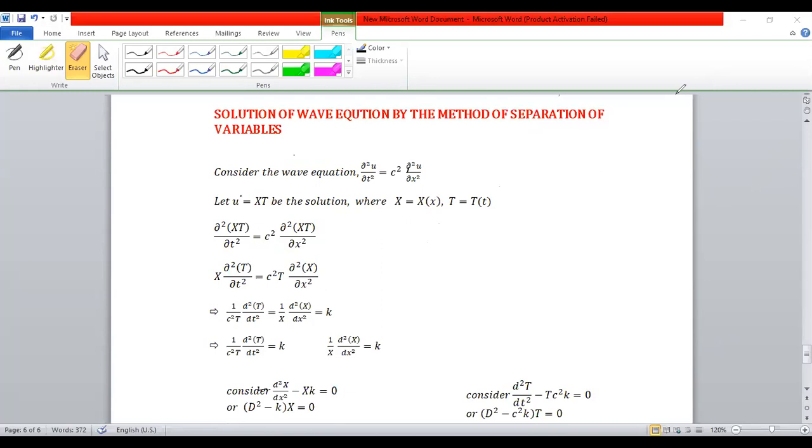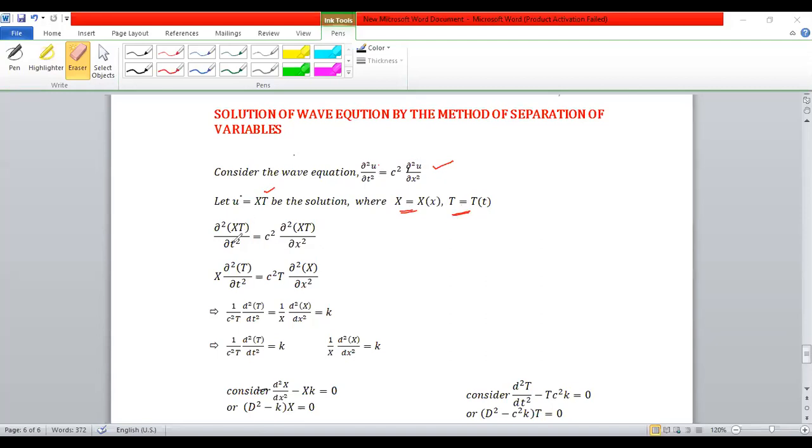Substitute. Since u is a solution, it must satisfy this equation. Substitute u equal to X into T, where X is a function of x only and T is a function of t only.